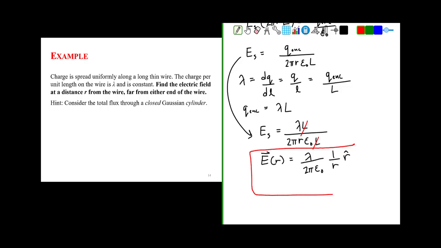Here is our electric field at any point r away from the line of charge. Notice that this expression here is just a constant. And this says that the electric field, due to a long line of charge, varies inversely with distance.